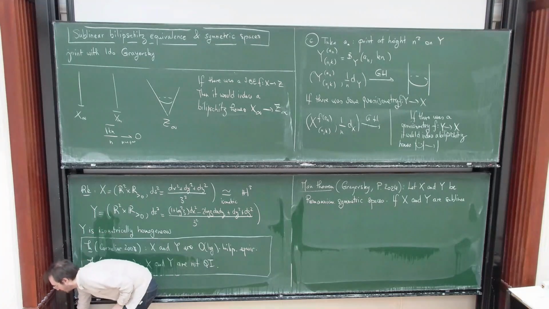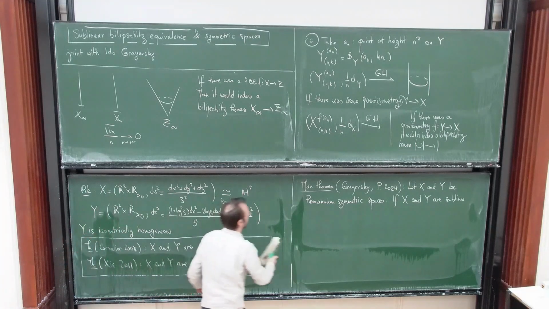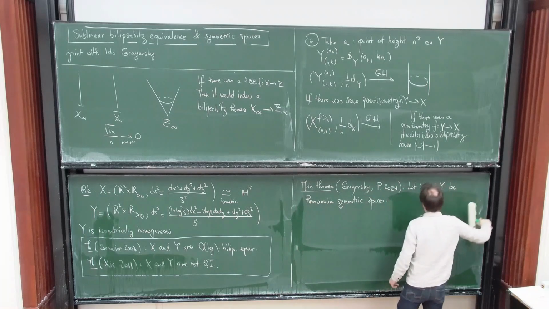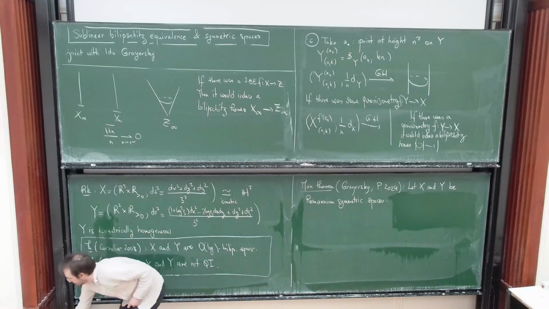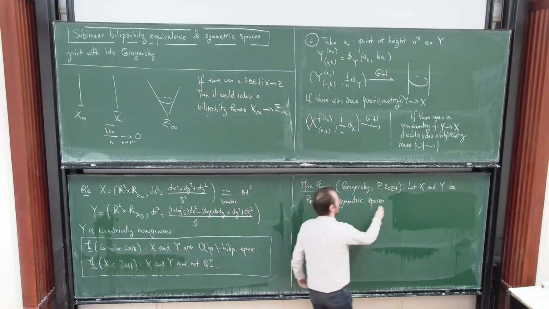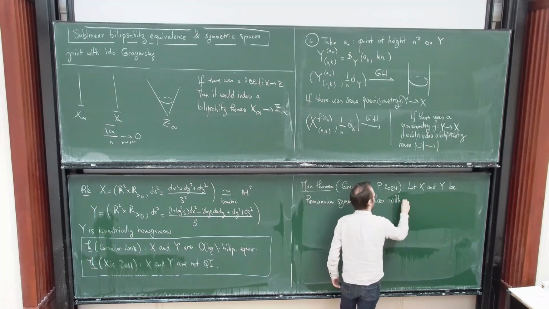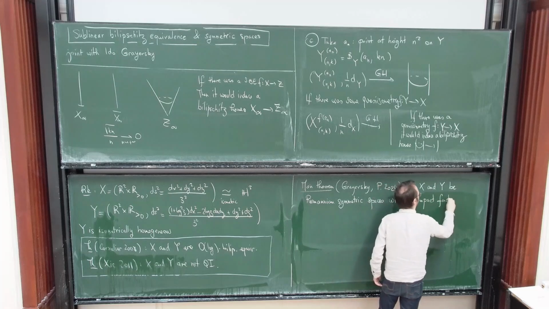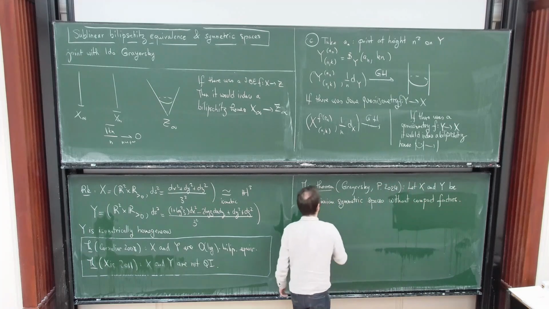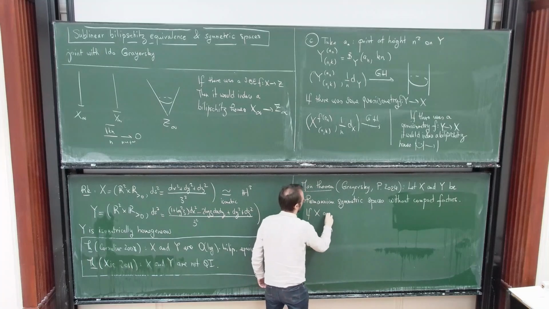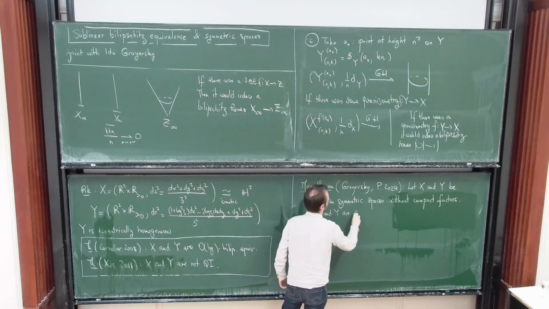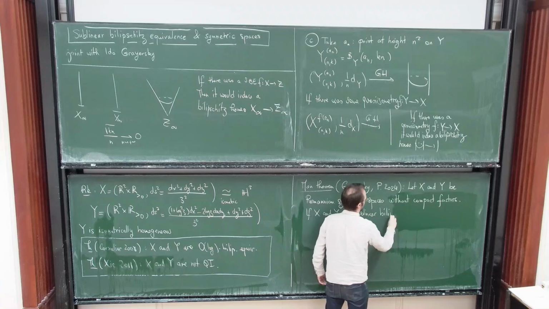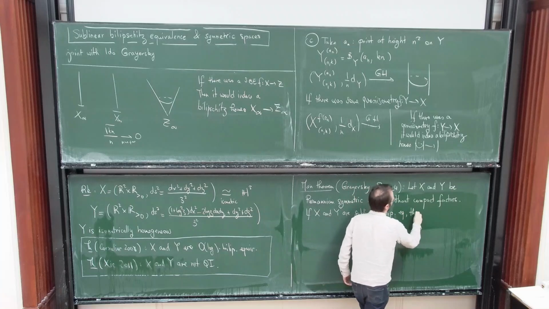Otherwise, the statement is a bit more cumbersome. So they have no compact factors. If they are sublinear bilipschitz equivalent, then they are pluri-homothetic.